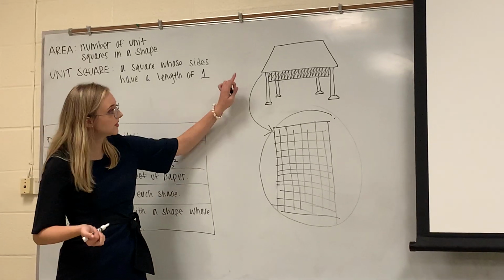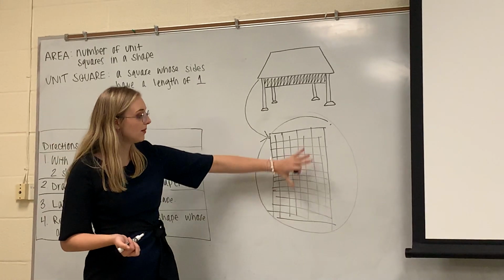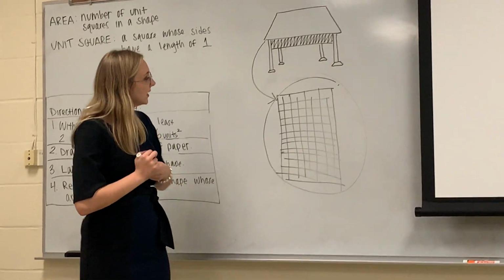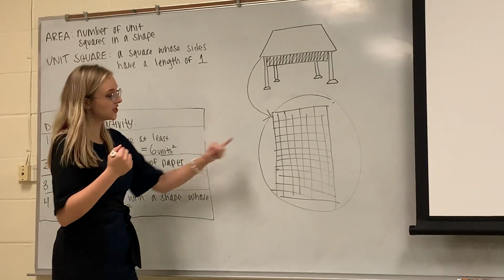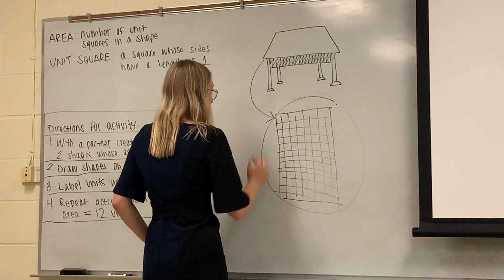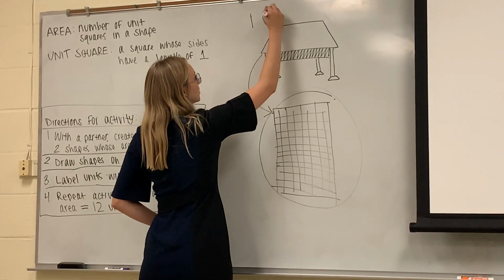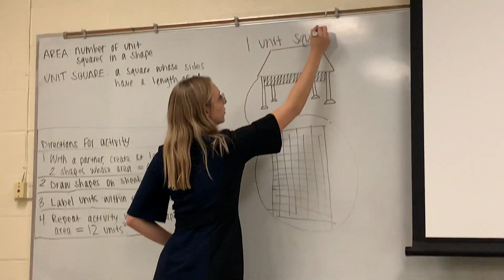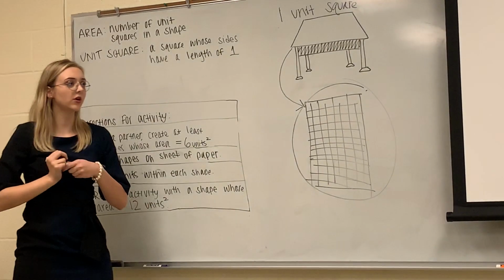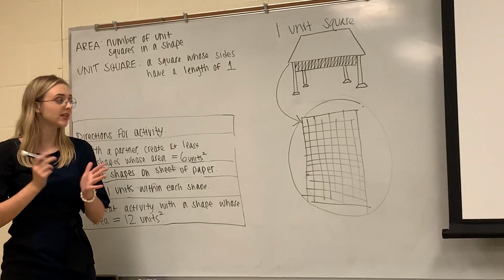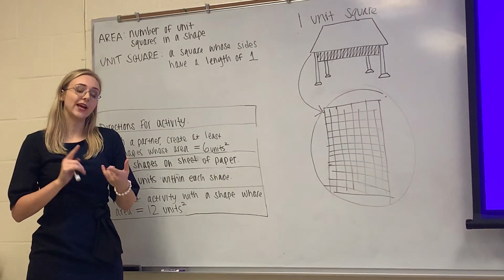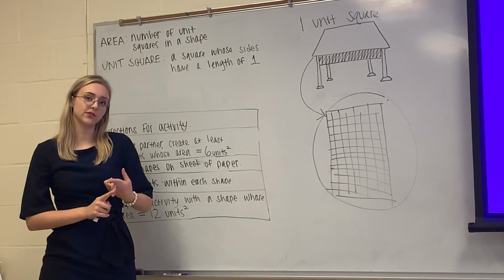We can use the desks to determine how much space the basketball court is taking up. In this case, each desk could be considered 1 unit square. You're going to do a little activity with the geoboards, and we're going to be deepening our understanding of area and unit squares.